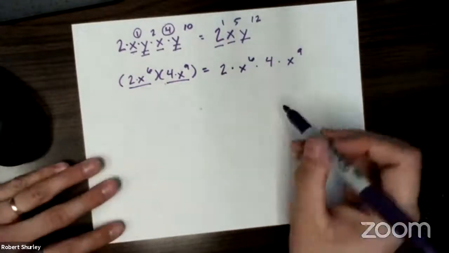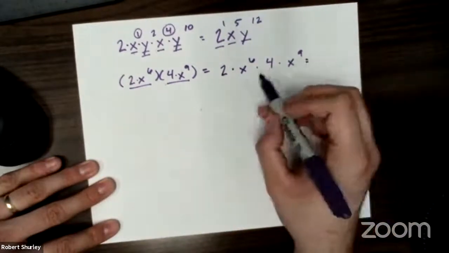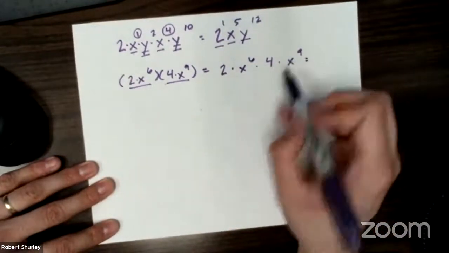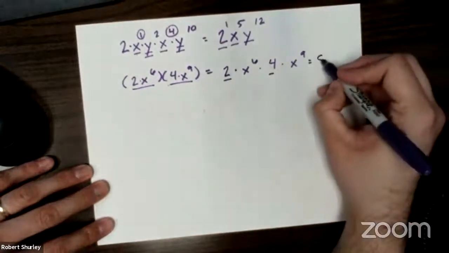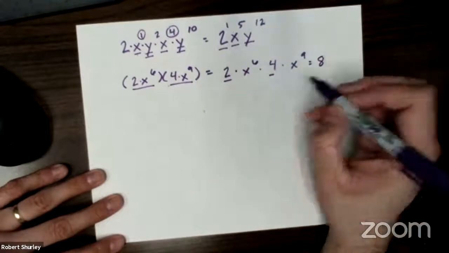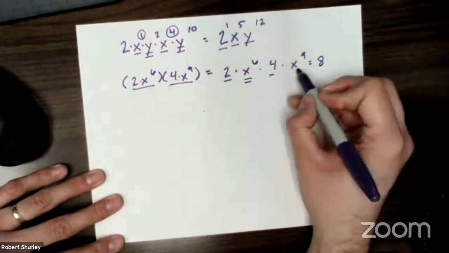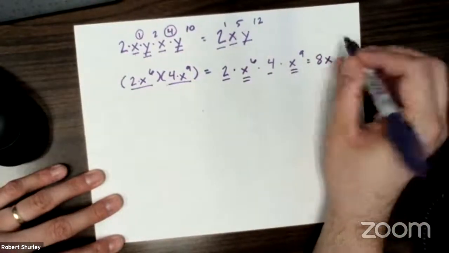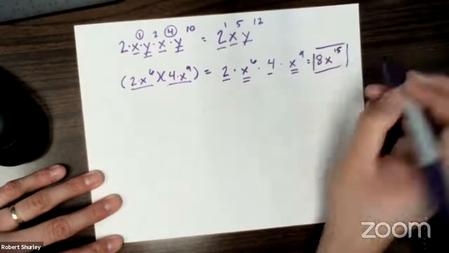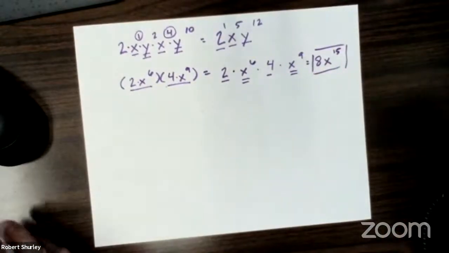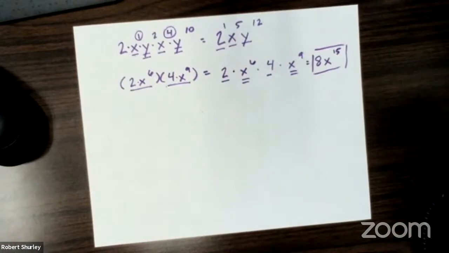Now we can multiply things through. We've got repeating bases here, x to the 6th and x to the 9th. And 2 and 4 are just numbers we can multiply together. 2 times 4 is 8. x to the 6th and x to the 9th becomes x to the 15th. Not too crazy.